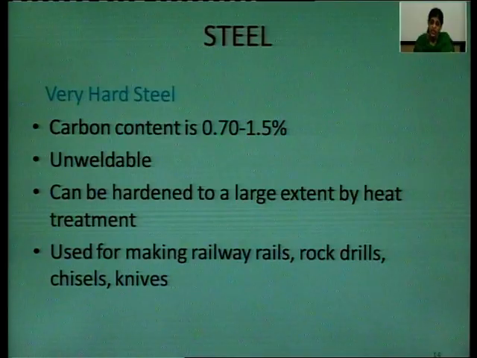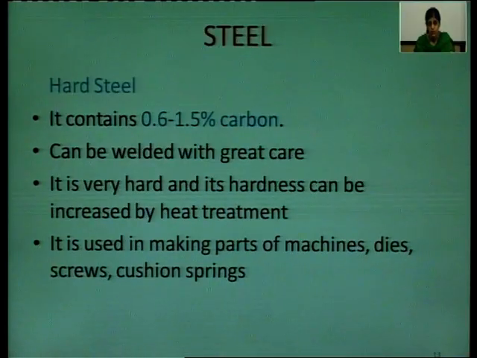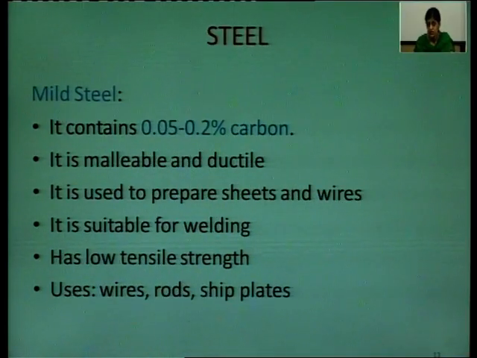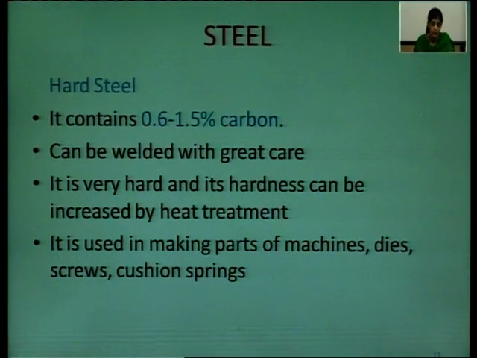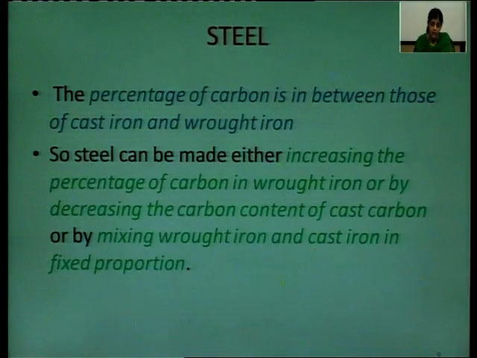And then we have very hard steel, where the carbon content is a little bit more than the hard steel, and this can be used for making railway rails, rock drills, chisels and knives. So, this is about the various types of steel. So, we have seen that steel consists mainly of iron and carbon, and the carbon percentage is between those of cast iron and wrought iron.